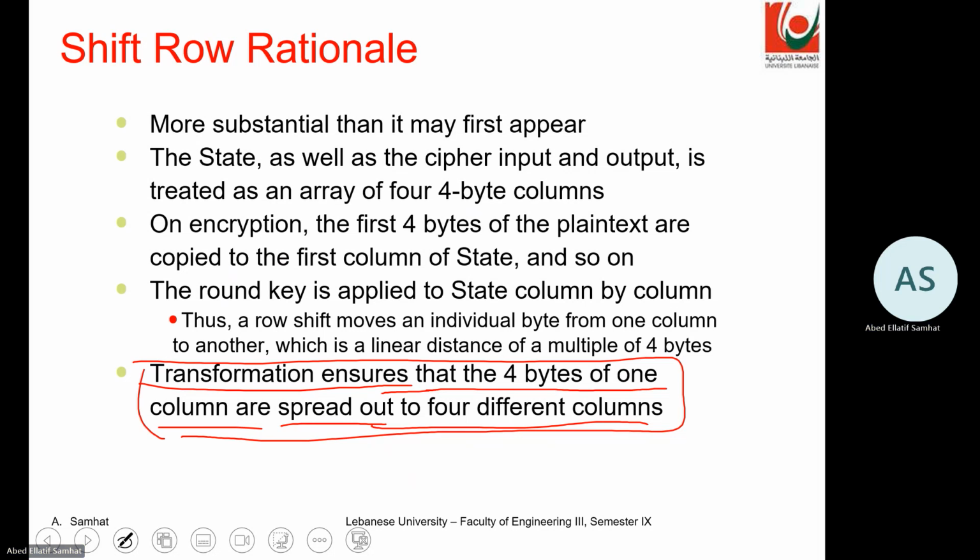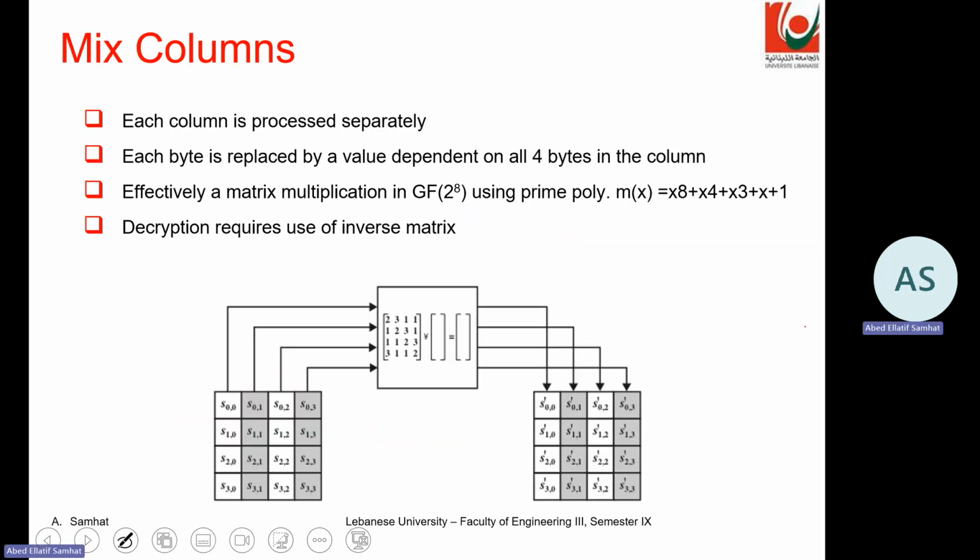And the last transformation is the mix column. This is also one of the important steps in the AES encryption algorithm, because it will also increase the diffusion between the plain text and the cipher text.